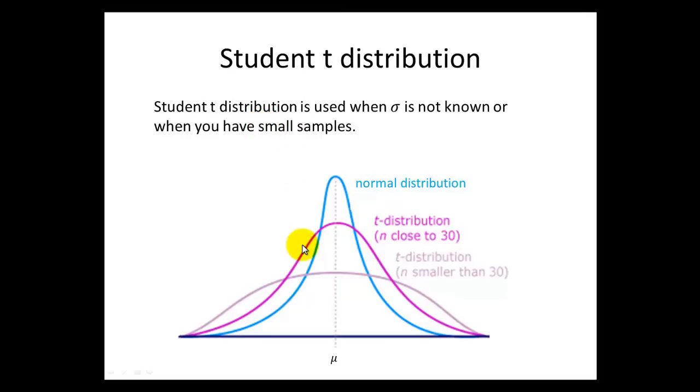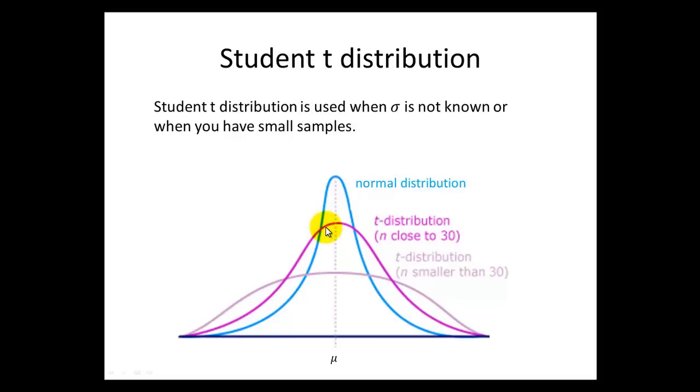The student t-distribution isn't that much different than our normal distribution. Our normal distribution is in the bright blue color right here. A student t-distribution is also symmetric and bell-shaped. It's just that it's a lot shorter, thus wider on the edges than your normal distribution.